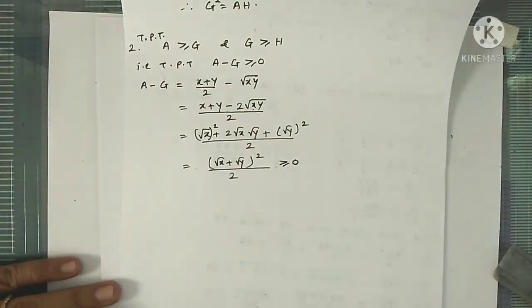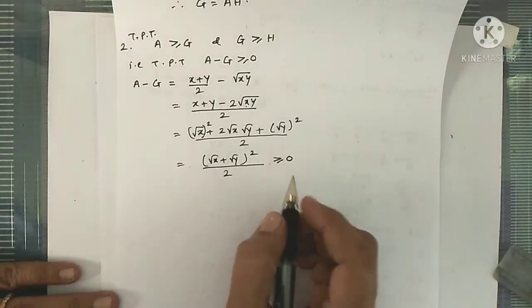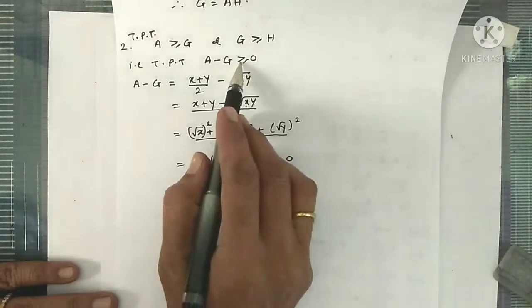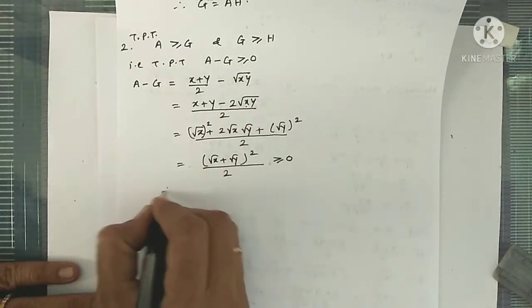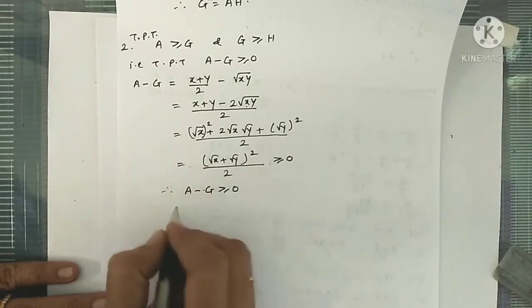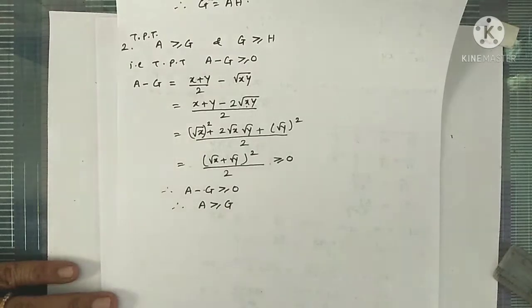So this square, root x plus root y bracket square, as root x and root y are real numbers, their sum is also a real number. So the square is greater than or equal to 0. So a minus g is greater than or equal to 0. So that is proved now. Therefore a minus g is greater than or equal to 0, therefore a is greater than or equal to g.